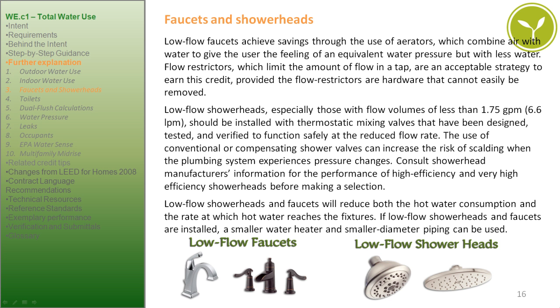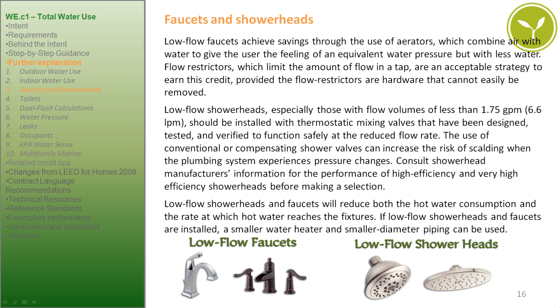The use of conventional or compensating shower valves can increase the risk of scalding when the plumbing system experiences pressure changes. Consult shower head manufacturers' information for the performance of high-efficiency and very high-efficiency shower heads before making a selection.